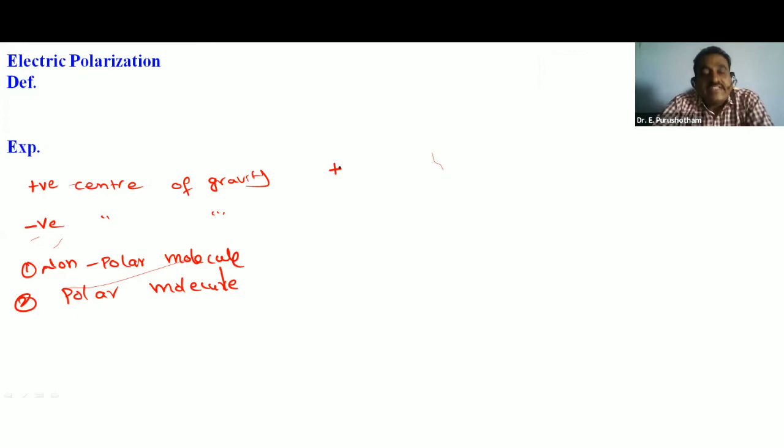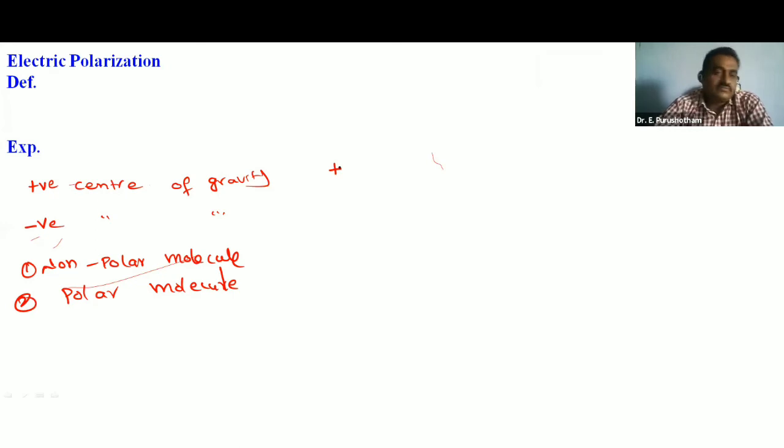If all the negative charges coincide at a particular point, that is called the negative center of gravity. What I am saying is, suppose we assume all the positive charges of an atom are concentrated at one point, that is called the positive center of gravity, and all the negative charges are concentrated at another point, that is called the negative center of gravity.